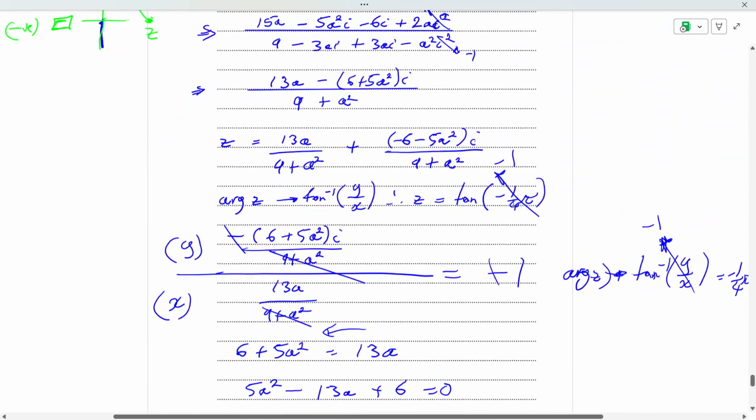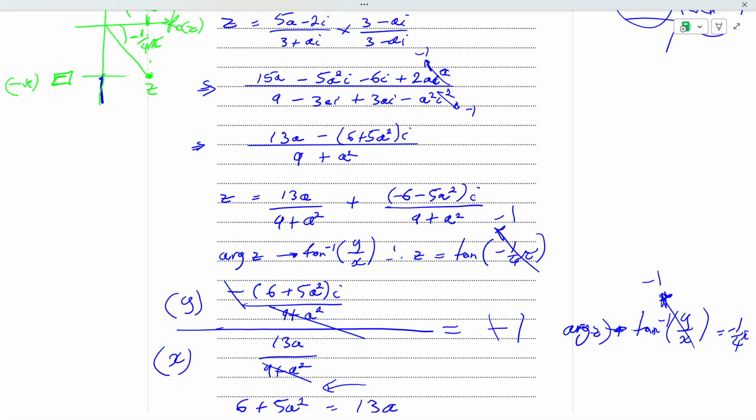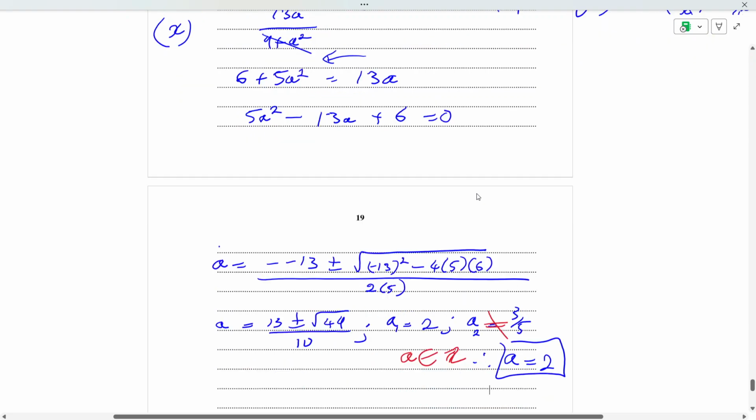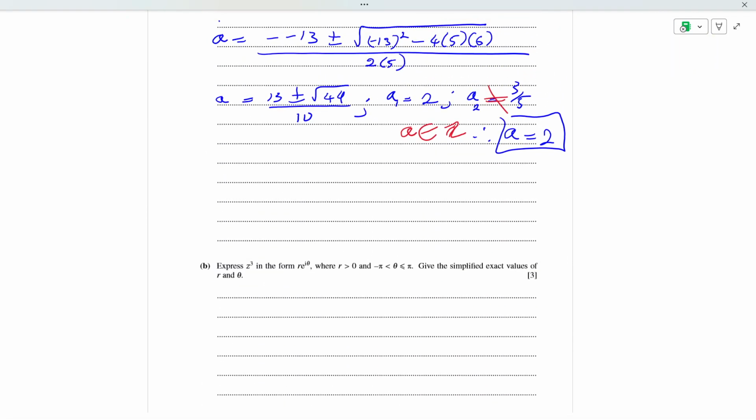So we use this part to find z. z is equal to 13 multiplied by 2 over 9 plus a squared, which is 2 squared, plus negative 6 minus 5 multiplied by a squared, which is now 2 squared, over 9 plus 2 squared, i. Therefore, z is equal to 2 minus 2i.